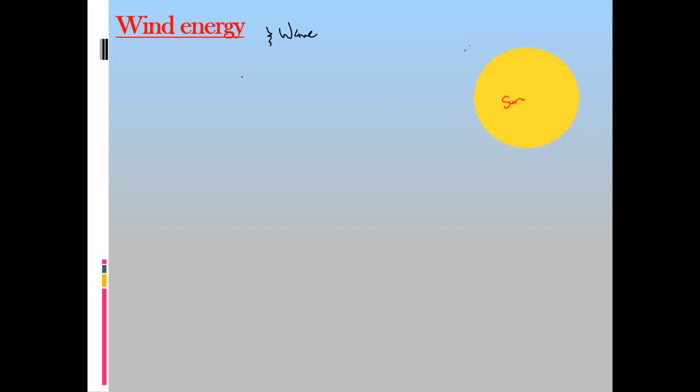A major portion of the earth is water. A vast portion of the earth is water, and the remaining portion is land.